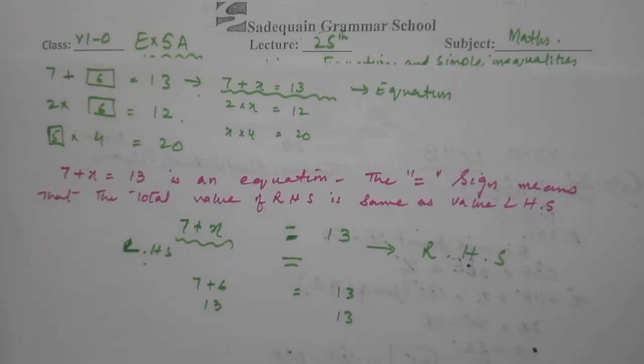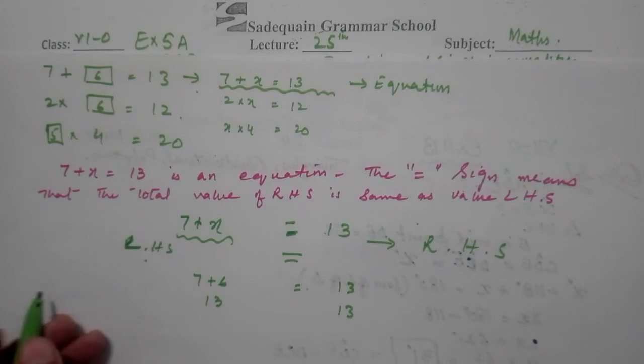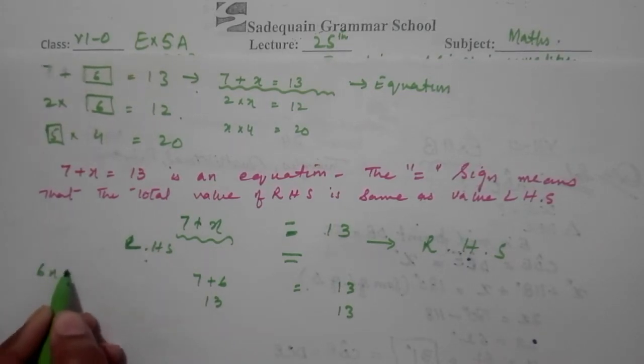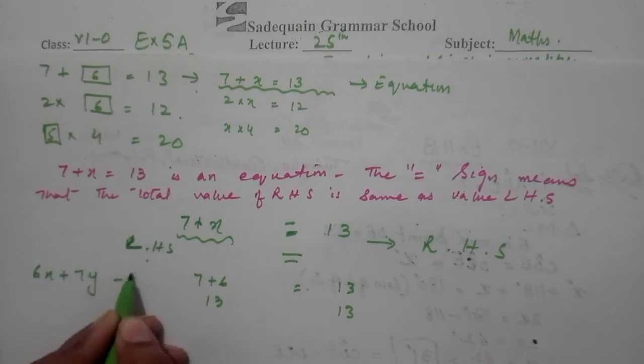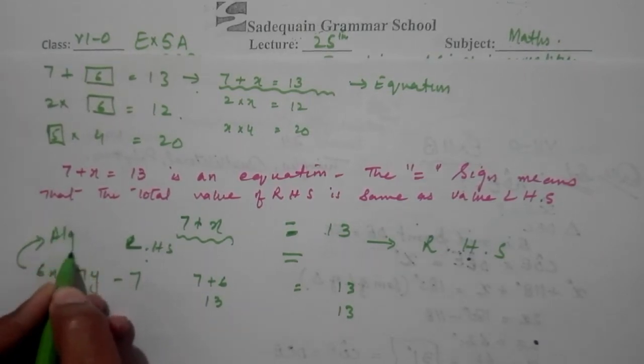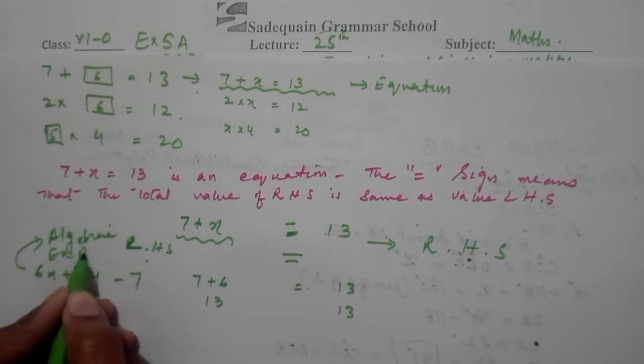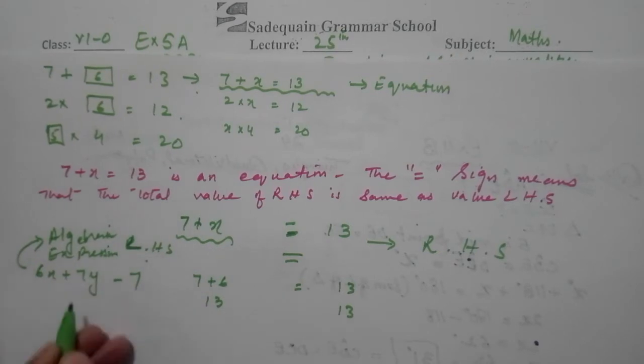Fine. Now in the previous chapter you people learned algebraic expressions. But let's suppose I write 6x plus 7y minus 7. What is it? Yes, this is an algebraic expression.